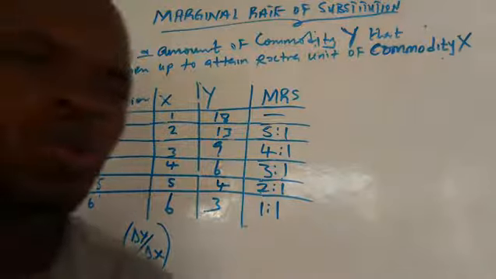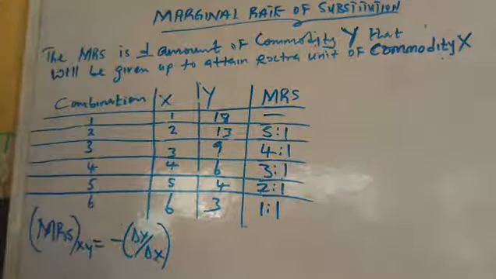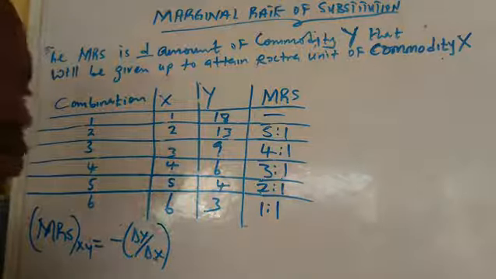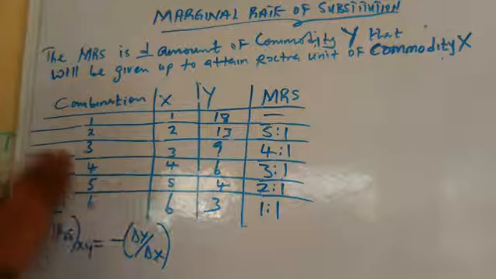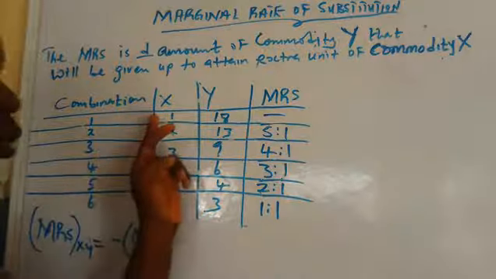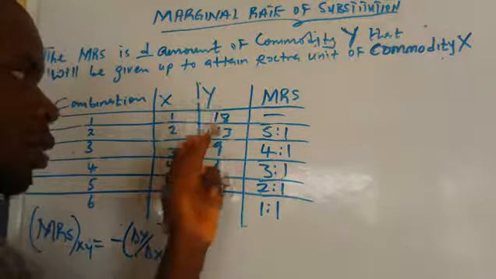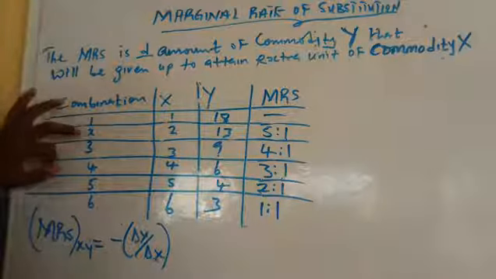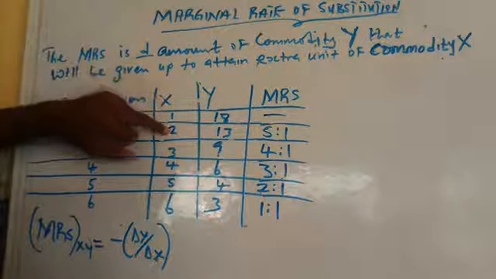When you look at this critically, you will understand that we are just trying to maintain a particular level of satisfaction. If you look at this table we have here, we have 6 combinations. In the first combination, when we consume 1 of commodity X, we consume 18 of commodity Y. But in the second combination, we want to increase our commodity X from 1 to 2.